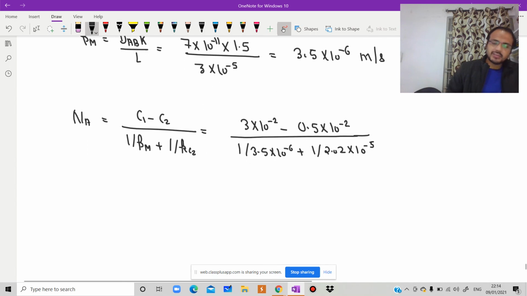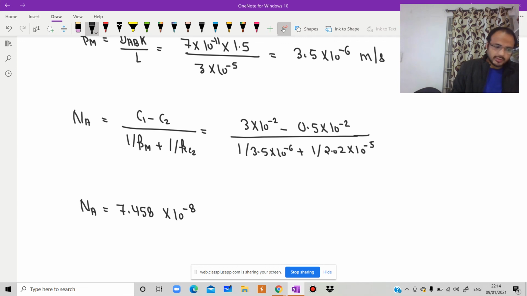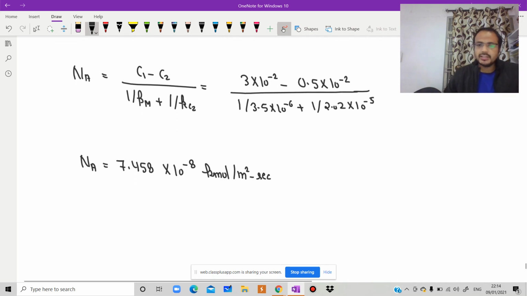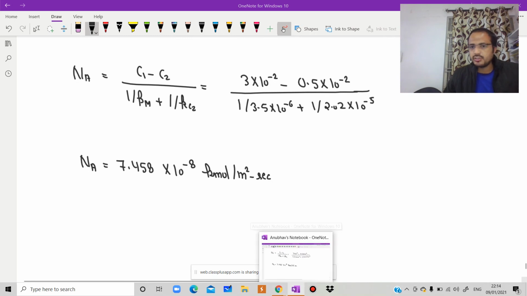So one equation, one variable, where the value of Na will be 7.458 into 10 to the power minus 8 kilomole per meter square per second. Is it clear? How many of you got it yourself?